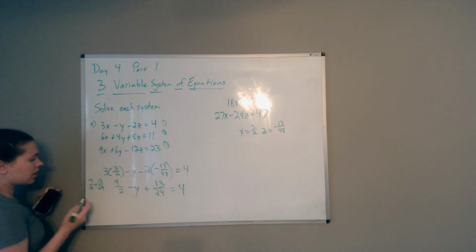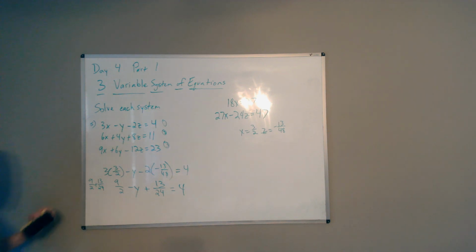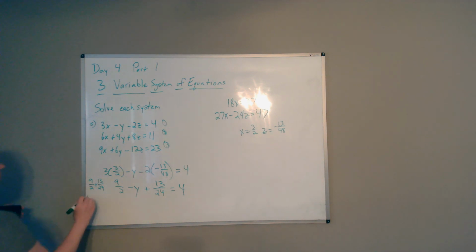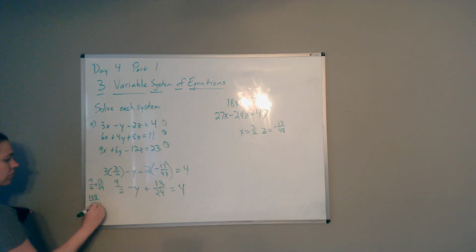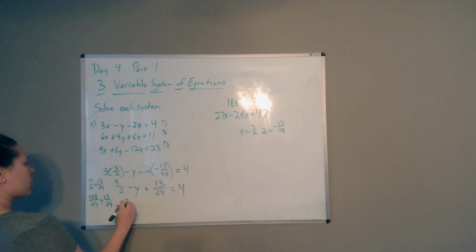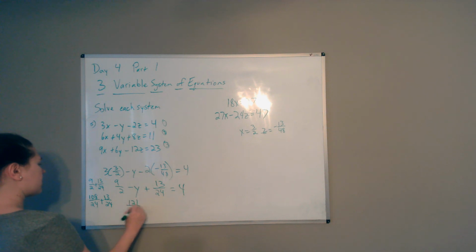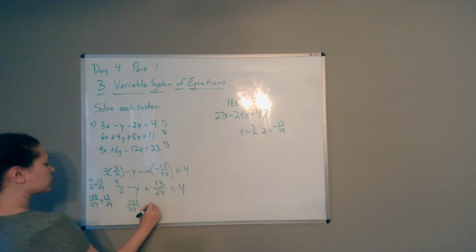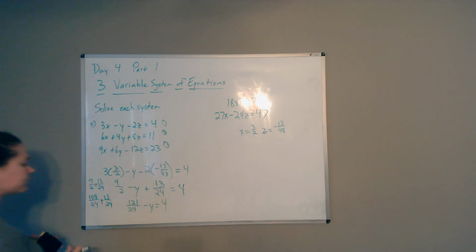So 9 halves plus 13 over 24. So common denominator of 24. So I'm going to have to do 12 times 9. That's going to give me 108 over 24, which is the same as 9 over 2, plus 13 over 24. So that's going to be 121 over 24 minus y equals 4.